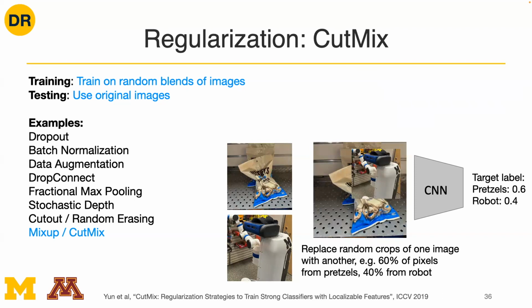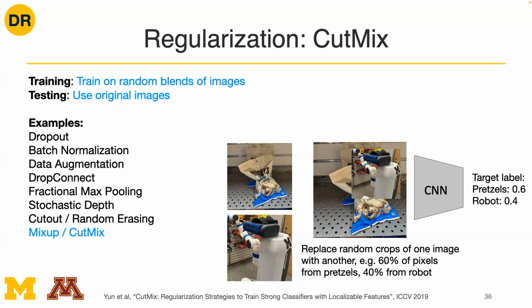So we had mixup. Another related idea is what's called CutMix. Here, instead of blending images with alpha blending, we take our pretzel bag image, and then take our robot image, rescale the robot image, and stick it somewhere randomly in the pretzel bag image. Now you have a weird hybrid image that has features of both classes.